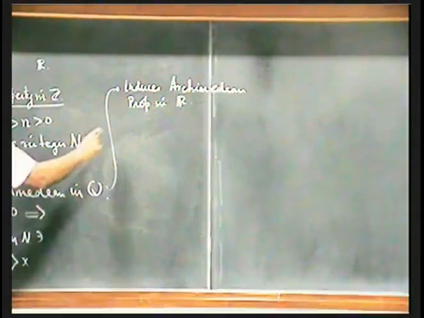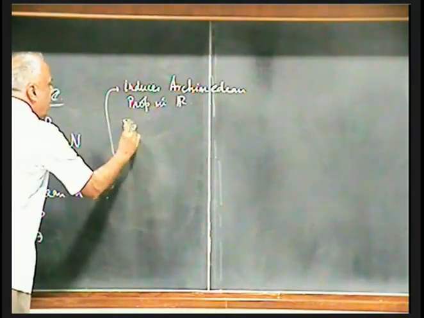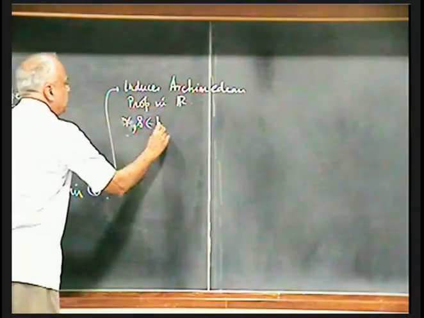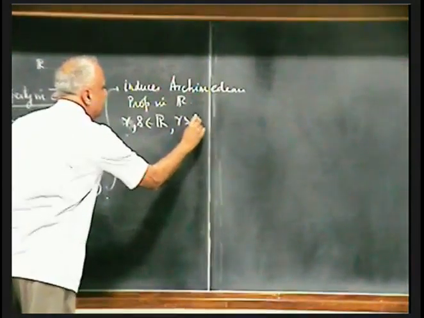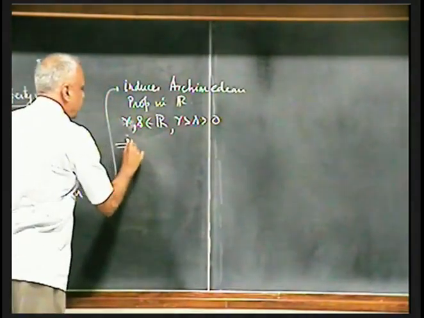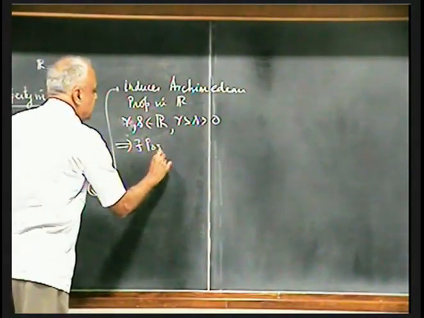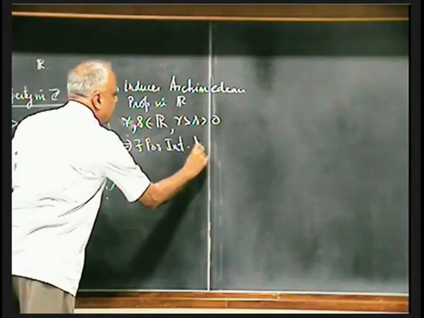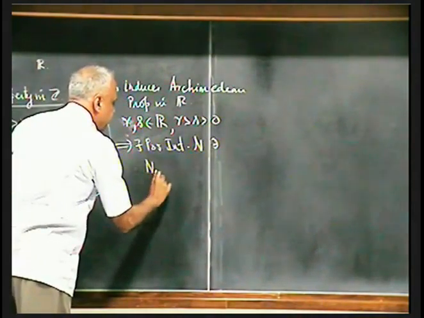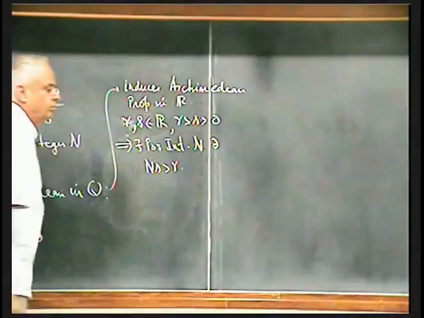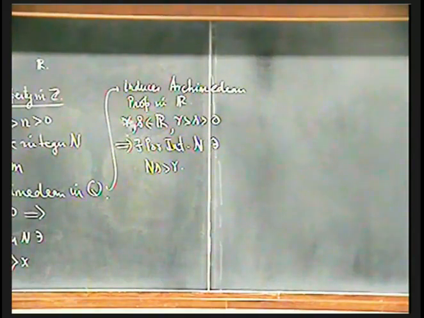What is the Archimedean property in R? If R and S, consistent with the notation, R greater than S greater than 0, then there exists a positive integer n such that n times S will beat R. So a drop of water and an ocean: several drops of water will beat the ocean.